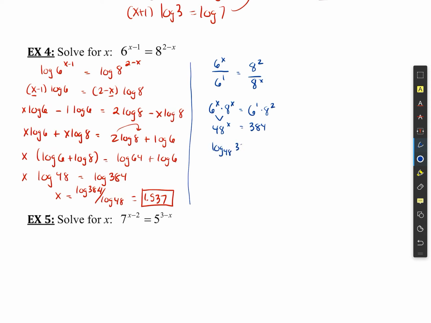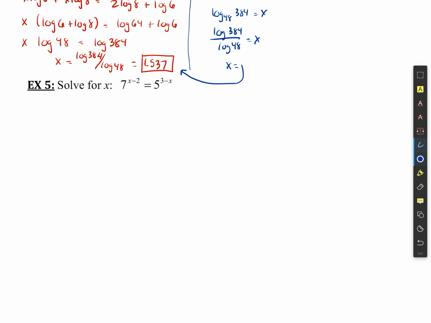Log base 48 of 384 equals x. Log of 384 divided by log 48 equals x. X equals the exact same thing as before. So either method works. It's just basically go with whatever you're more comfortable with.